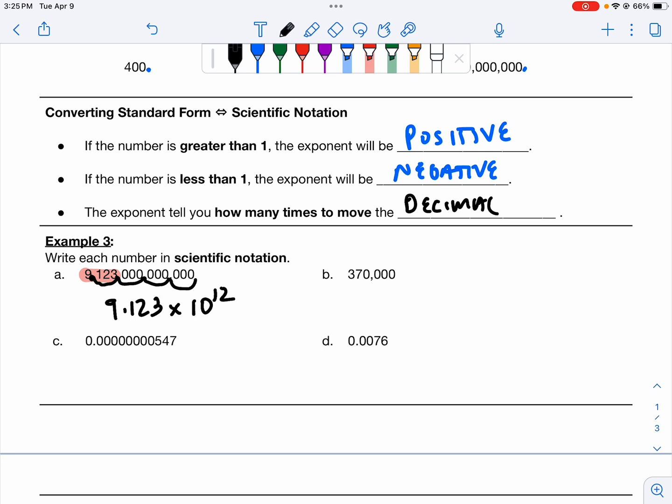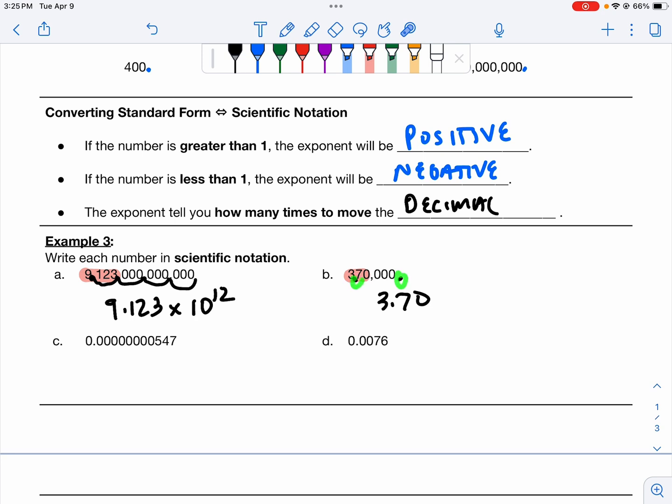Now, the second one is a little simpler. We have to move the decimal place fewer times. We only have two numbers there, so we're going to write that down as 3.70 because I want my decimal place to end there. And then we're going to count how many times it takes to move our decimal place from its starting location to its ending location.